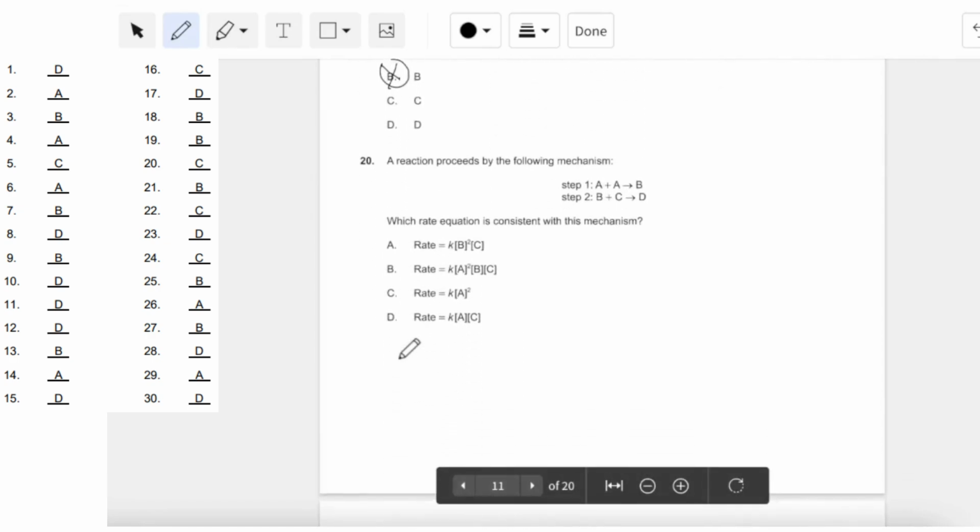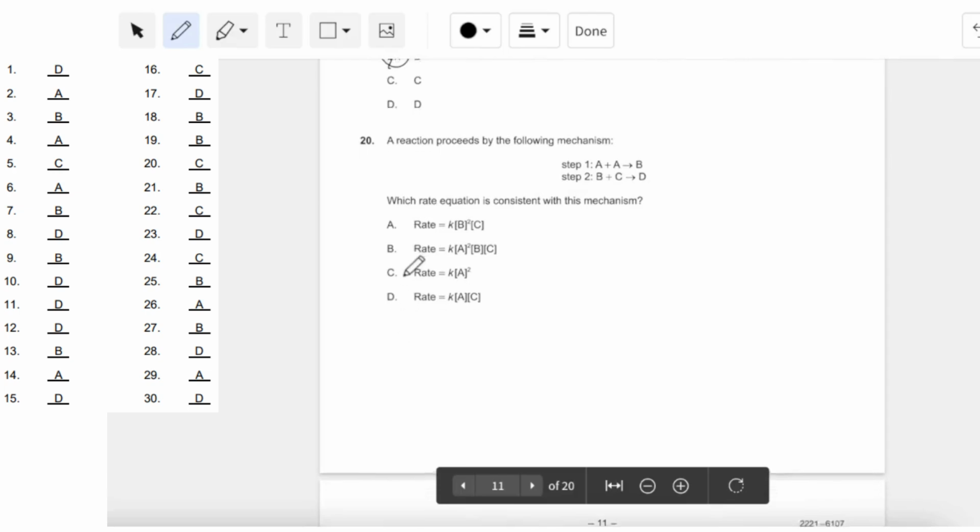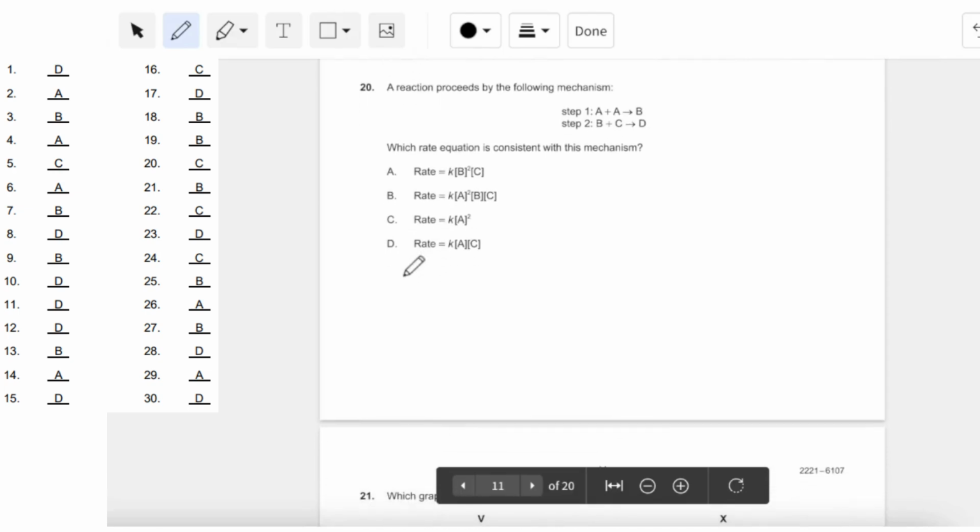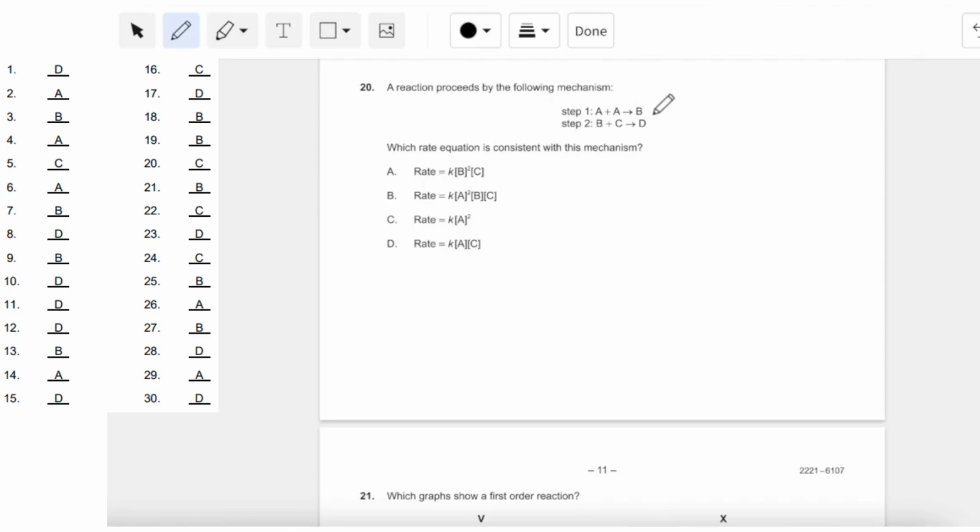And number 20. This question is also quite tricky. Nothing is written about which step is fast and which is slow. Obviously, you can only check from the step which is slow. We try one of these two. If step 1 is slow, then obviously the rate will be k[A] squared.